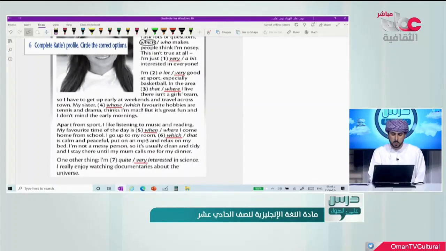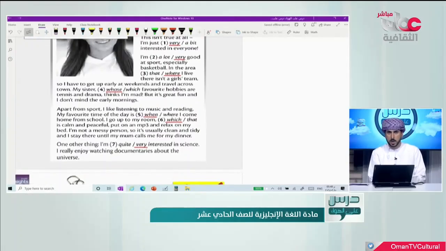Now let's move to the main part of our lesson today. And now we are going to follow 3 steps in order to reach the end of this part, and we are able to write a well-planned and organized descriptive essay.